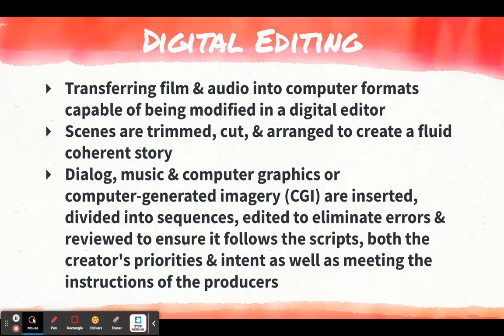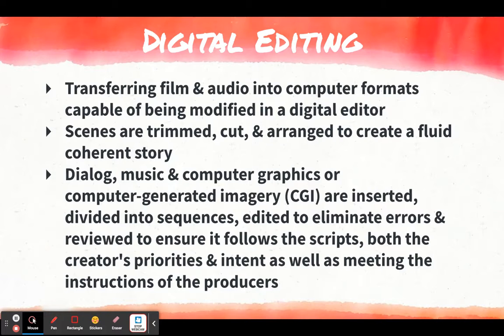Digital editing is transferring film and audio into computer formats capable of being modified in a digital editor. This is where you can customize audio or some film by using a specific digital editor. You can cut scenes. If you don't like a scene, you can trim it, or you can rearrange it to create a fluid story.